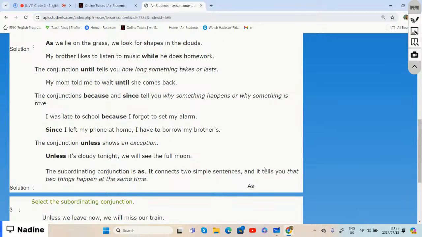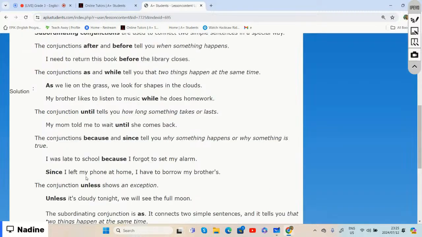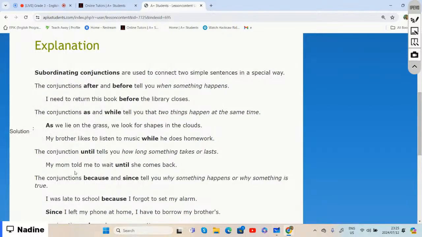All right. And remember, subordinating conjunctions are used to connect two simple sentences in a special way.